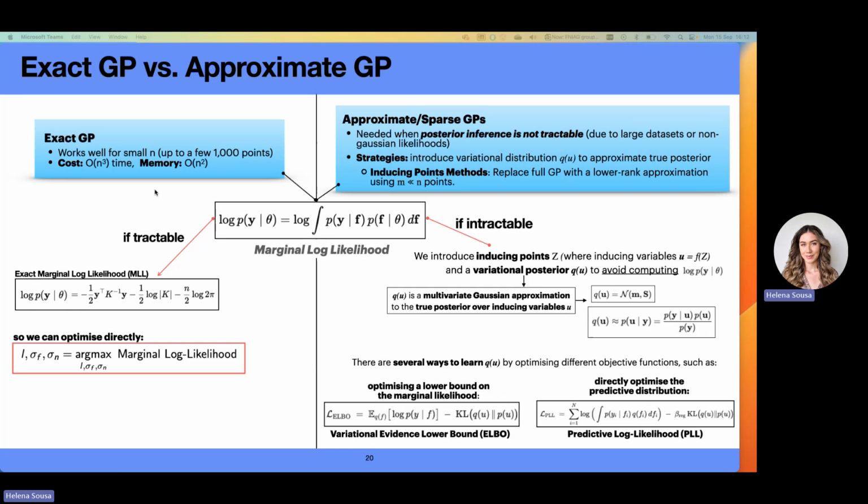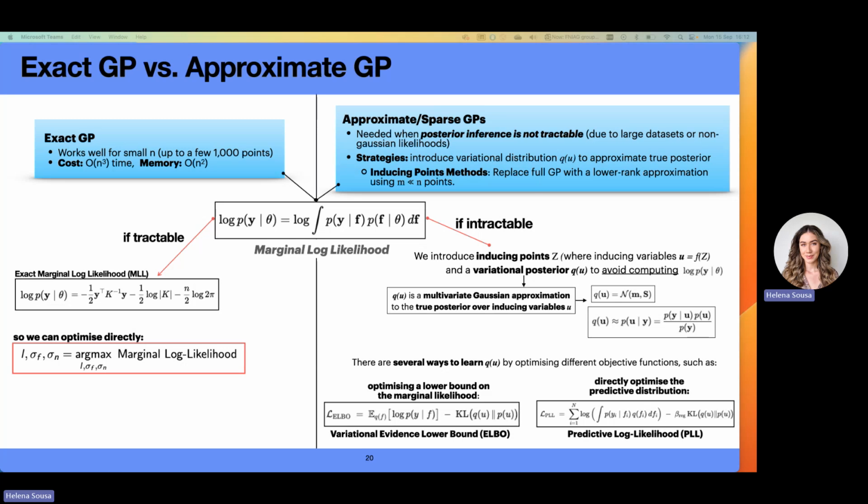But once we have approximately over 1,000 points, it becomes quite computationally expensive in time and memory, and the marginal log likelihood that we want to maximize becomes intractable. So that's why approximate GPs, also called sparse GPs, appear.